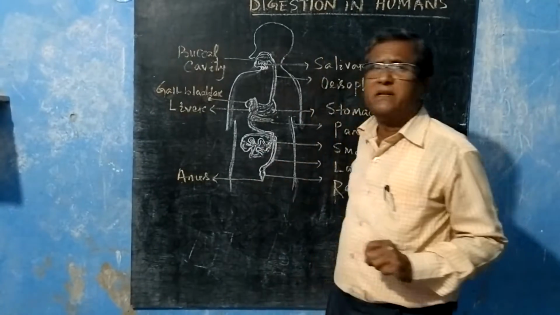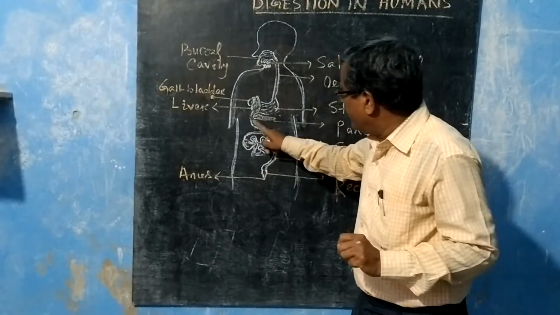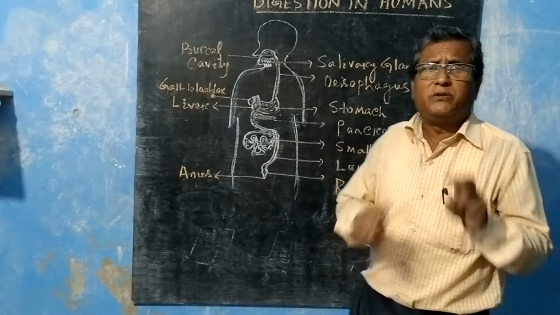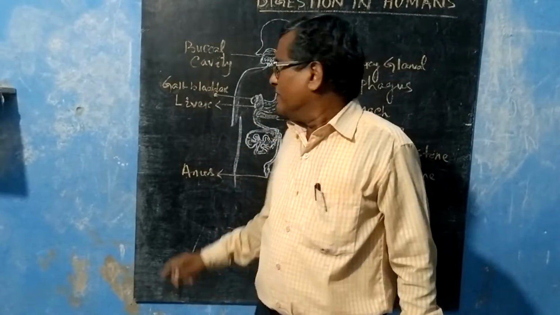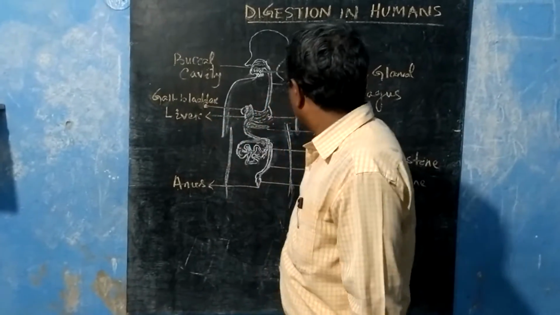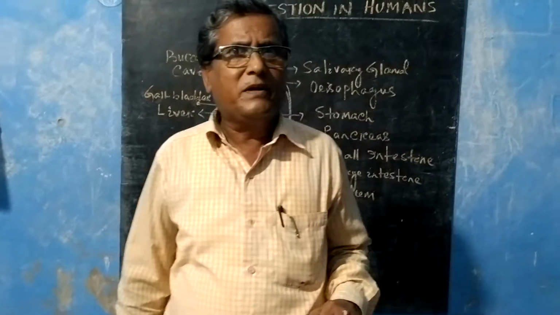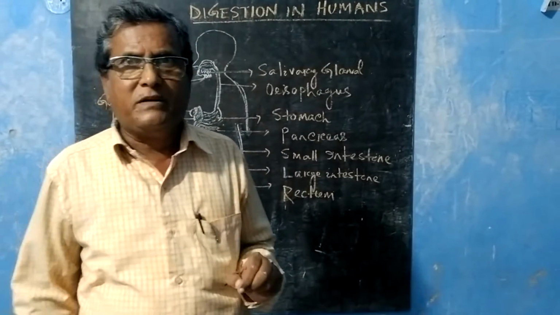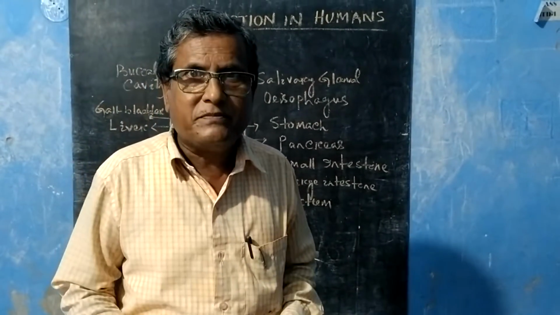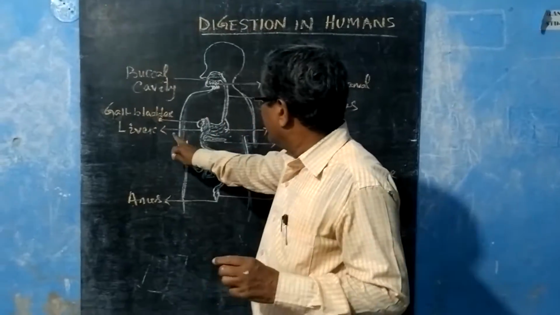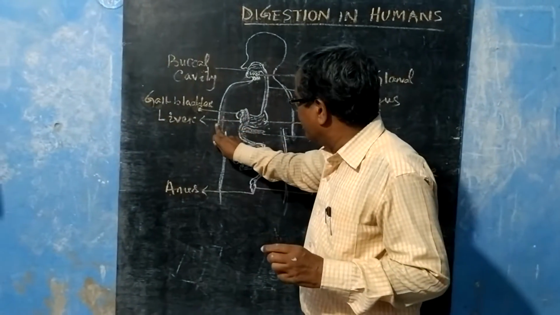So you see what happens. The small intestine is connected with two major glands. One is the liver and the other is the pancreas. The liver secretes bile, a juice called bile.